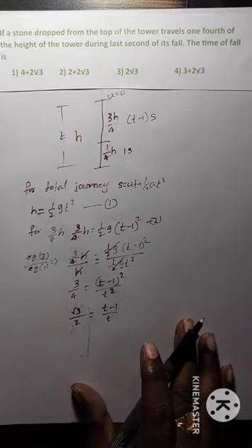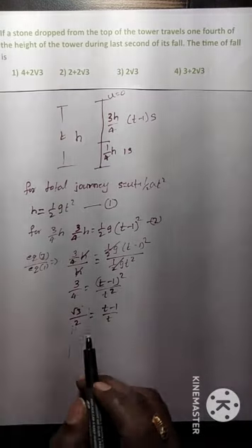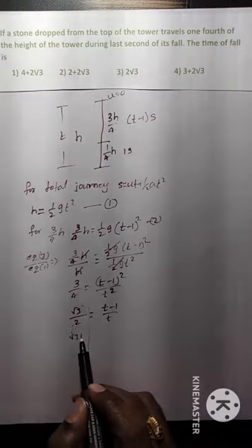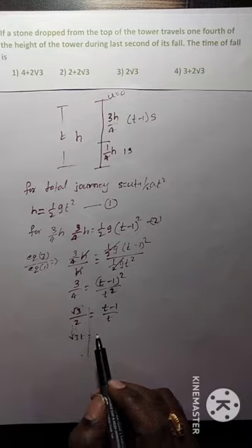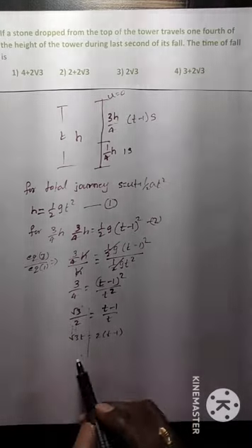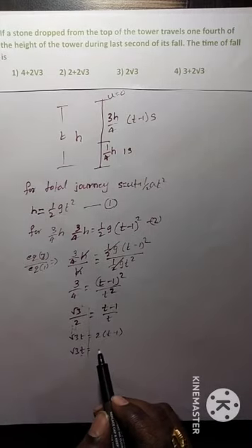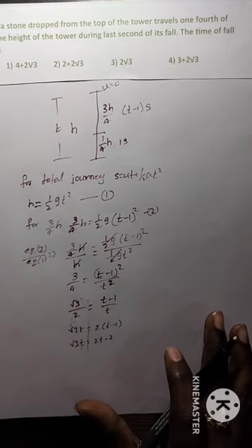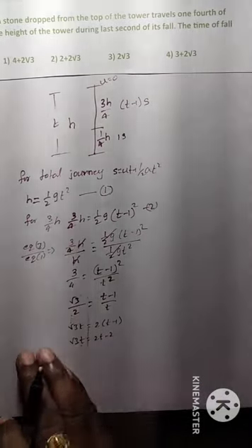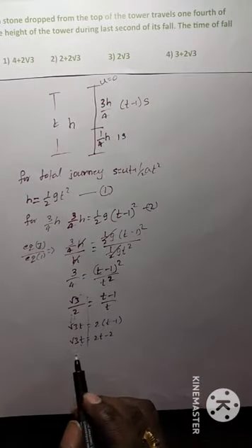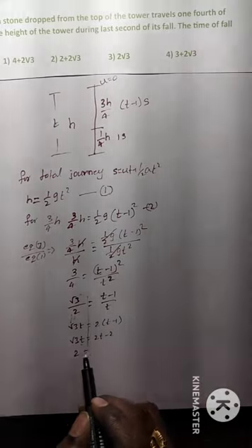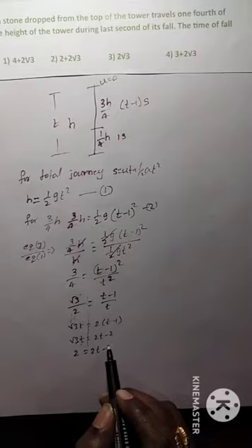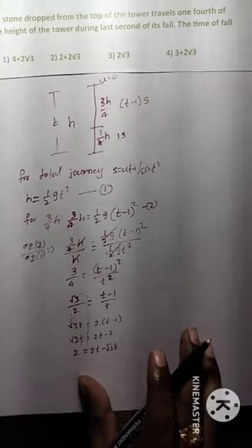Do the cross multiplication. Then root 3 into t is equal to 2 into t minus 1. So root 3 t is equal to 2t minus 2. Transpose that minus 2 to this side and root 3 t to that side. T is equal to 2t minus root 3 t.